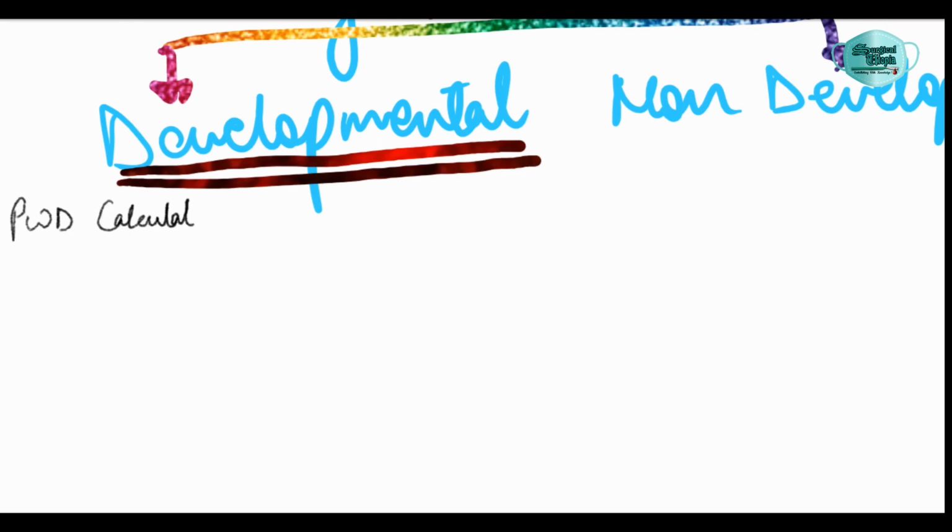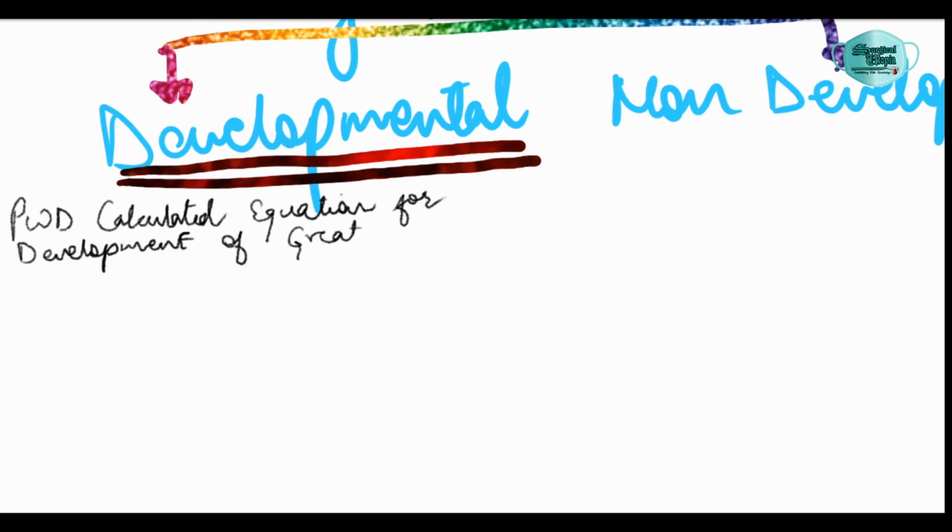I have created some mnemonics for us to remember. For the developmental origin, you can remember the cysts by the phrase I have formed: PWD calculated equation for development of great grand lintel. The capital letters represent the cysts.